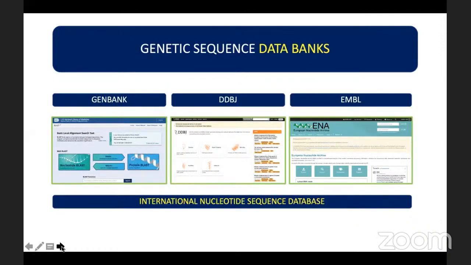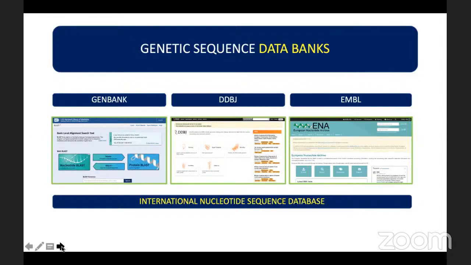All DNA sequence data are stored in genetic sequence databanks that are easily and freely accessible for every researcher worldwide. GenBank, DNA Databank of Japan, and European Nucleotide Archive are the three DNA databanks where nucleotide and protein sequences are stored and all information are readily accessible through the internet.